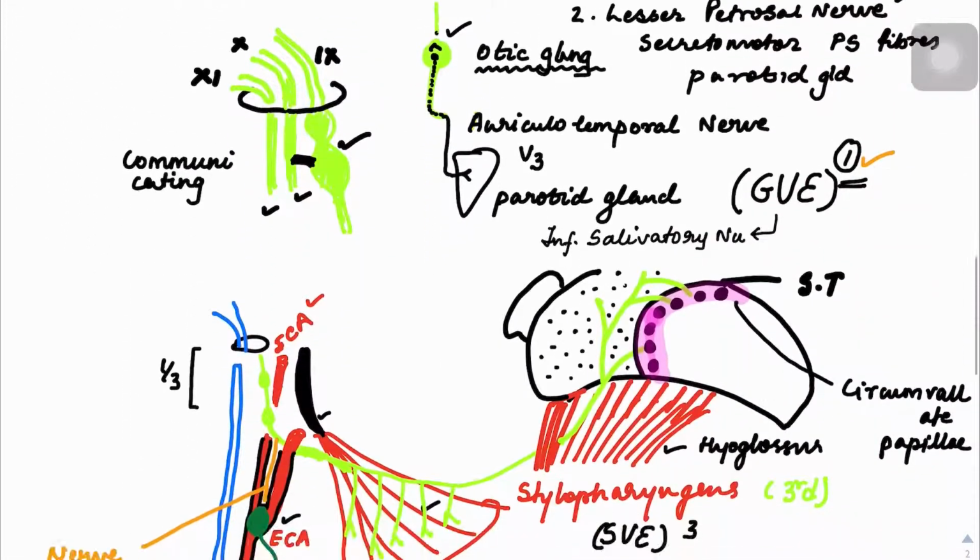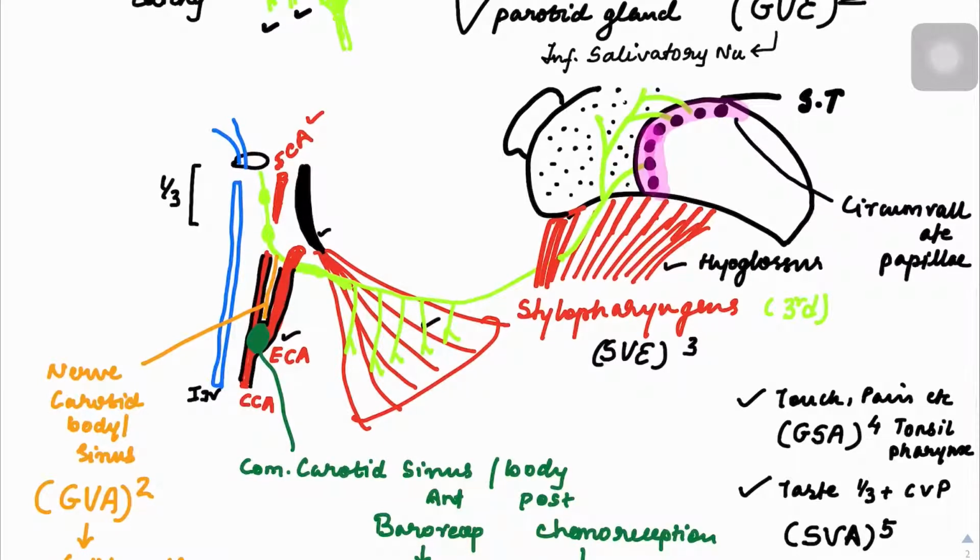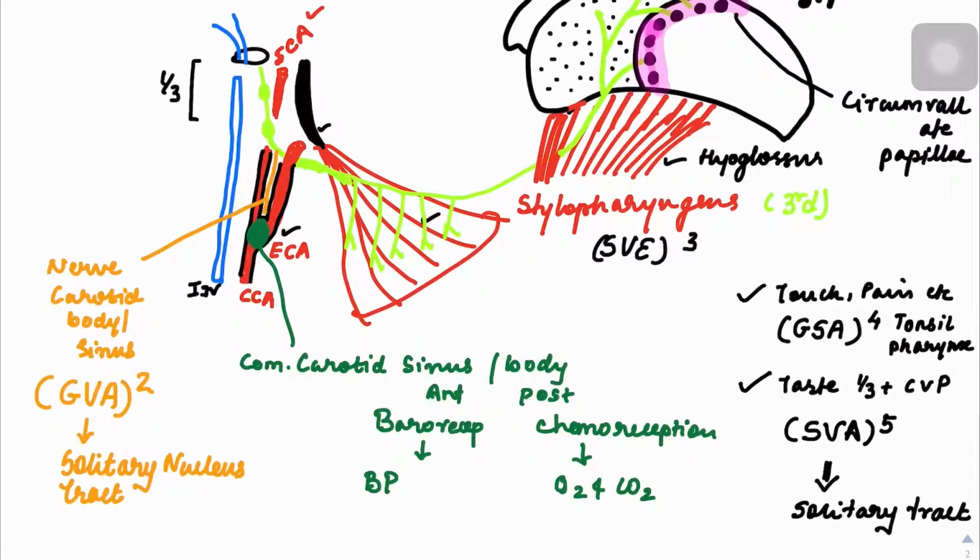That component is called general visceral efferent. The second component which we said was supplying the carotid body and the sinus. This component is called general visceral afferent column. It will be taking care of the carotid body and sinus, and it will be related to the tractus solitarius. Stylopharyngeus was the third, which is special visceral efferent because it is derived from the third pharyngeal arch.